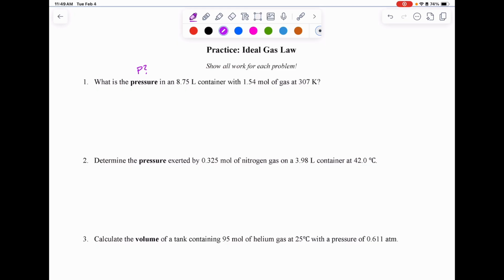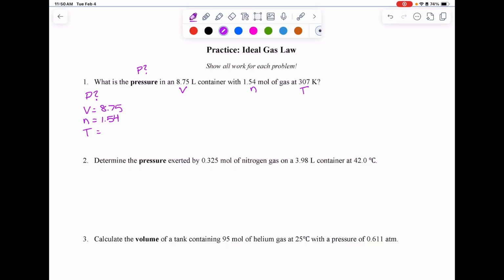So we're looking for pressure when we have an 8.75 liter, so that's a volume container, with 1.54 moles in, and at 307 Kelvin, so that would be our temperature. So we don't know what pressure is, but we know volume is 8.75. Number of moles, 1.54.